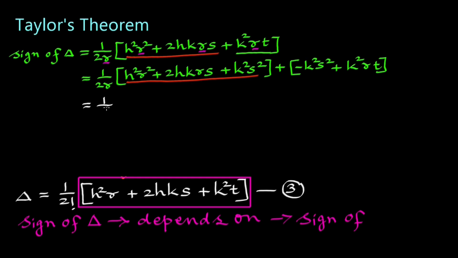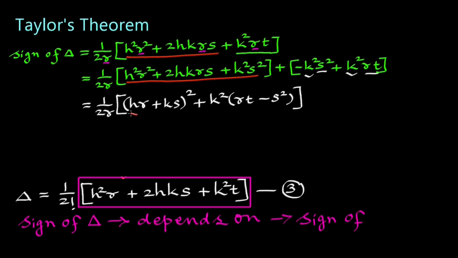This will be 1 upon 2r. For this perfect square expression we write (hr plus ks) whole square plus we will take k square common into this rt minus this s square. This being a squared quantity will always be positive, and rt minus s square has appeared here for the first time.